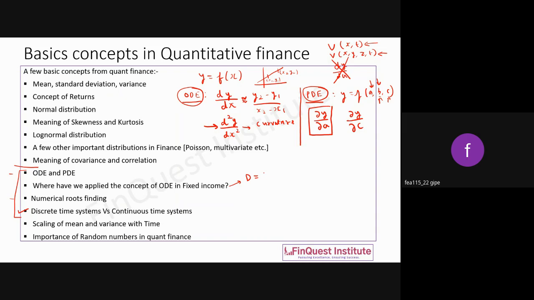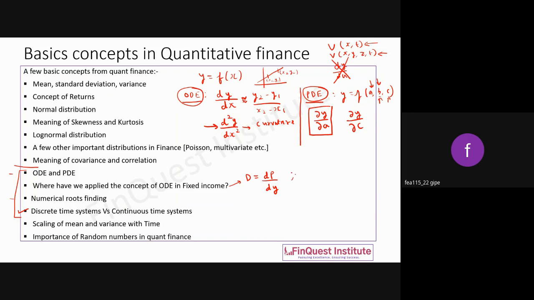Correct. So yield curve is the underlying. We are trying to understand the sensitivity to the yield curve. So duration is one. Any other concept whereby we may have applied an ODE? So duration, yes, I can write something like dP by dy, where P is the price of the bond, the change in price for a given change in yield. So a related concept.